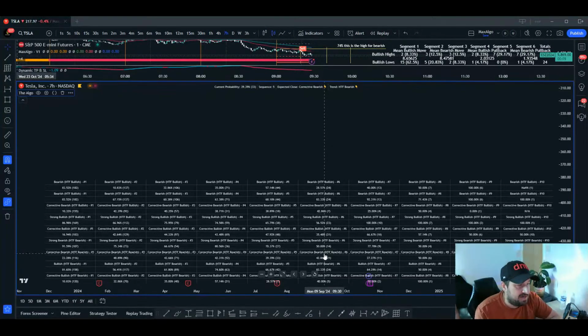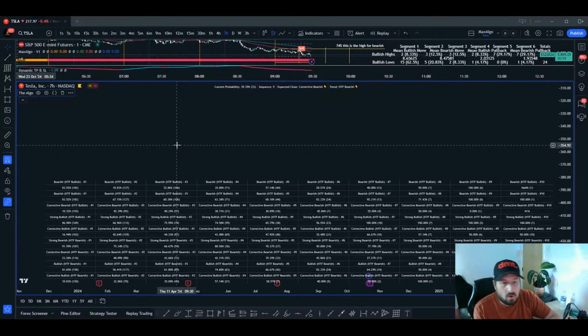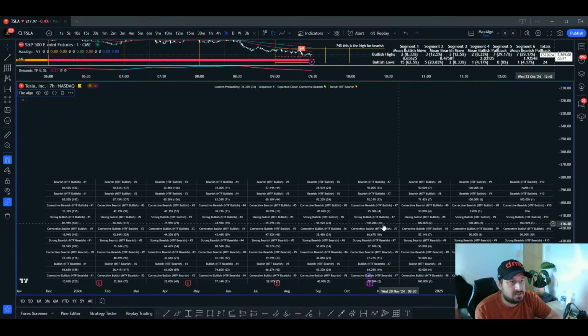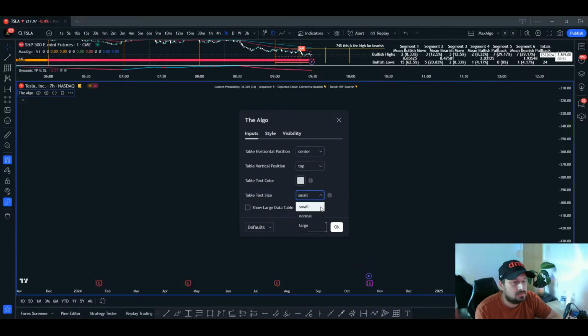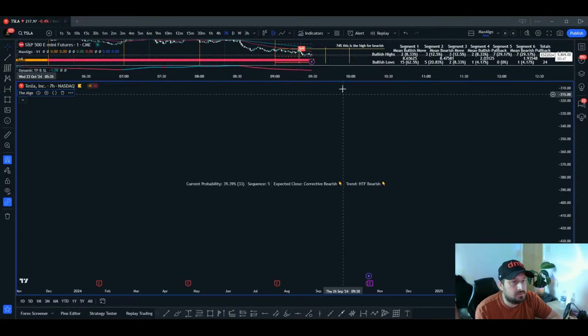Obviously, we're corrective bearish. If we go back into a bearish move, we'll move into a sequence 1 in a bearish trend, which gives us a 91% probability of being bearish on the day. So in 1 minute, we'll get that new prediction. So let's have a look. I'll go normal, put it into the middle.